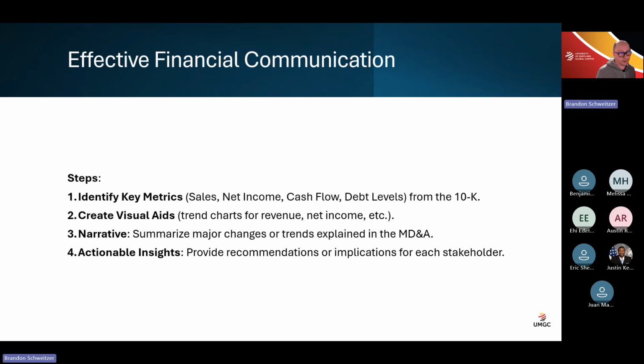They know what graphs are. They know how to read those. They may not know how to read a financial statement, but they definitely understand graphs and charts, right? So be creative when it comes to your visuals.